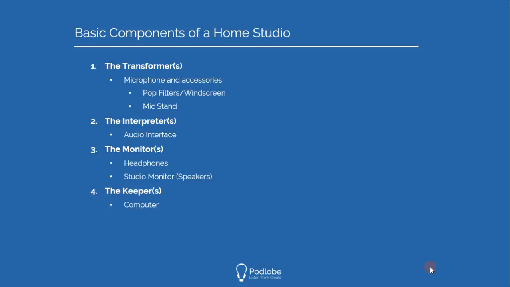The keeper is basically your computer. What it does is it collects the sound energy that has already been transformed into electrical impulses and helps you keep it. You can also decide to edit it there. You can also decide to save and store. All of those things it does because it's a keeper.